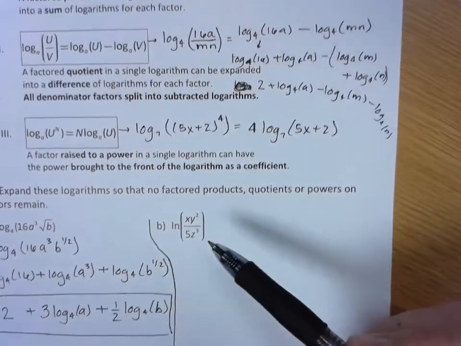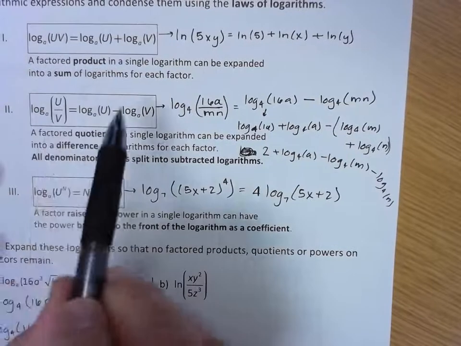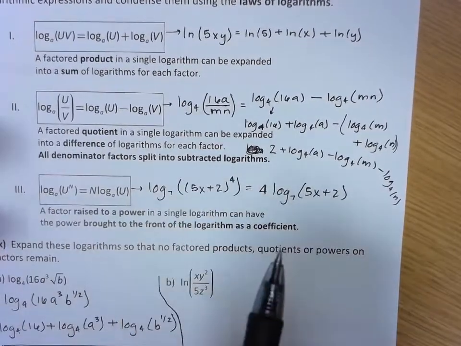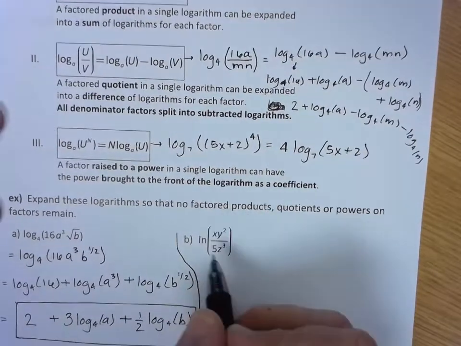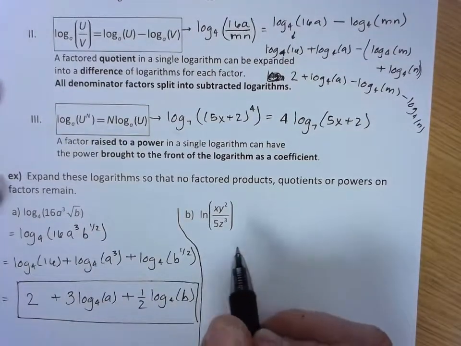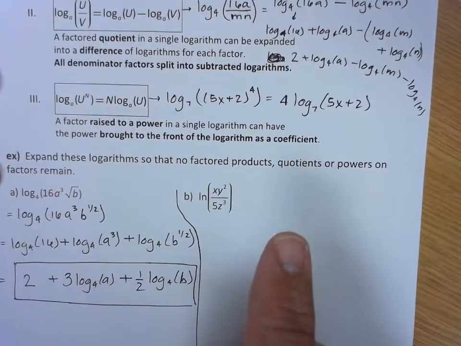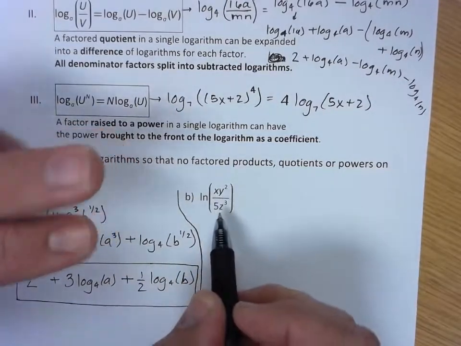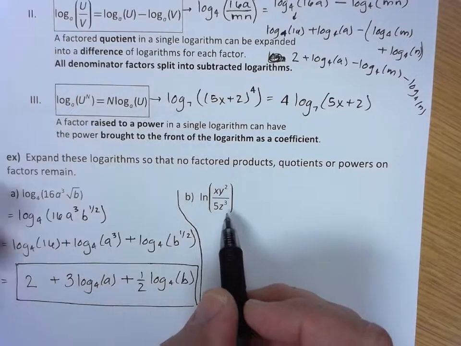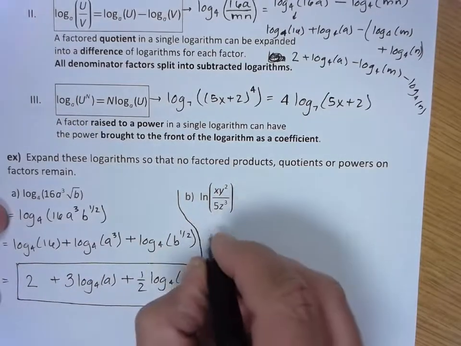Remember, you're going to want to use a general version of this second law if you see quotients. What the generalized version says is you count the number of factors you've got inside, and you'll create one logarithm for each factor. So I've got an x, a y squared, a 5, and a z to the third. There are 4 factors inside this quotient.